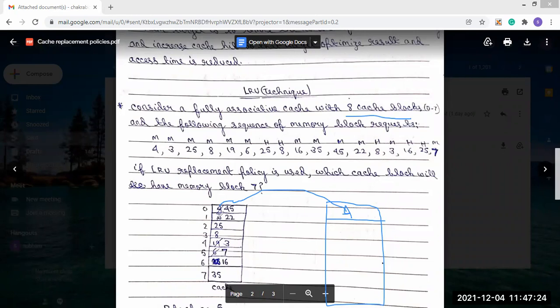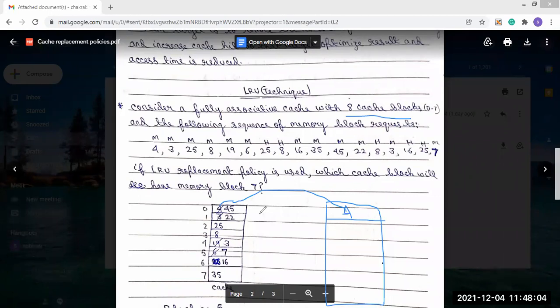One thing to keep in mind: when we start transferring blocks from main memory to cache, the cache is empty. So if the CPU generates an address to access a block, a cache miss will occur.